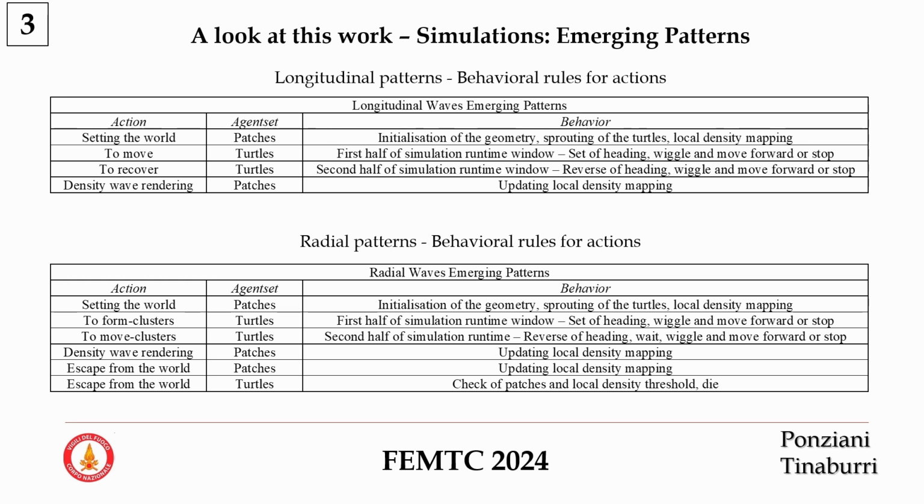Essentially, in the second part of the table, radial patterns, we added an adaptive behavior where there is a possibility that the boundaries get opened when they can sense turtles that reach the threshold.